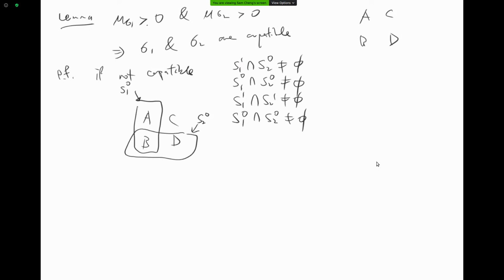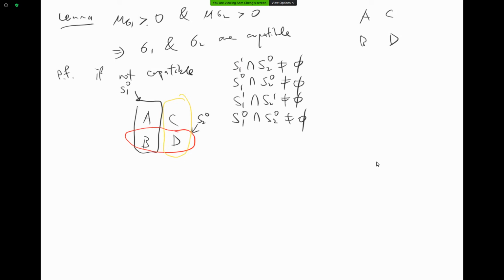Maybe I use different colors, which is better. S11 is this one here, and S20 is here. So this intersection is non-empty.